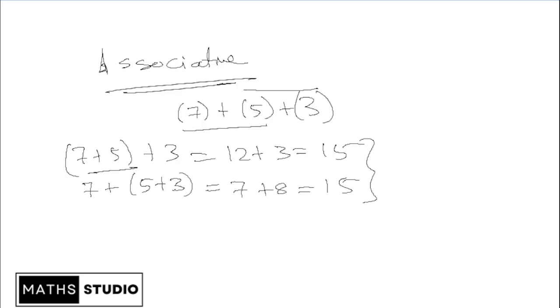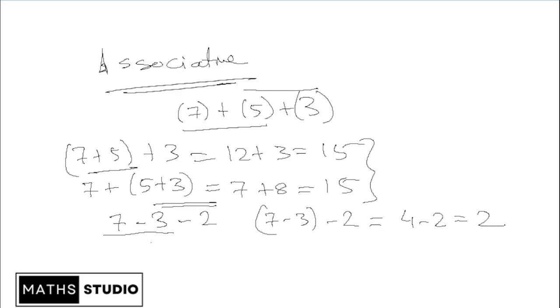Let us see for subtraction what will happen. Suppose we have an example, 7 minus 3 minus 2. Let us look at the problem one by one. 7 minus 3 minus 2, that is 4 minus 2, that is 2.